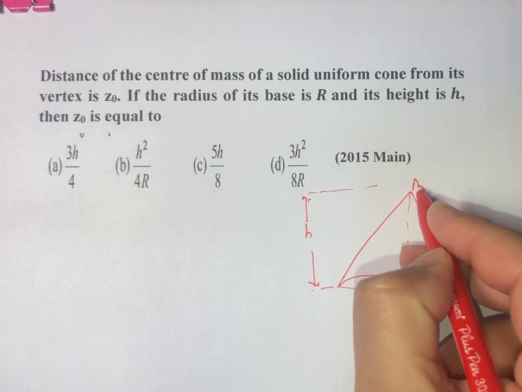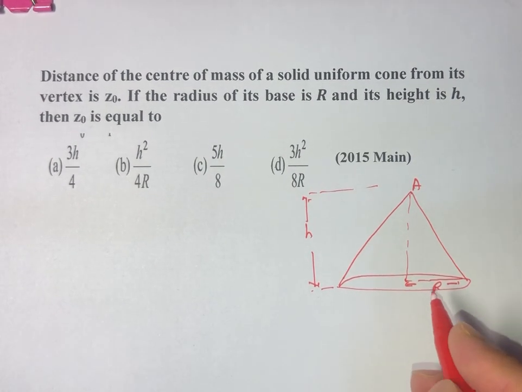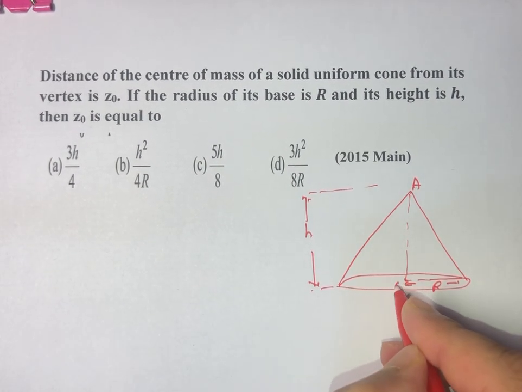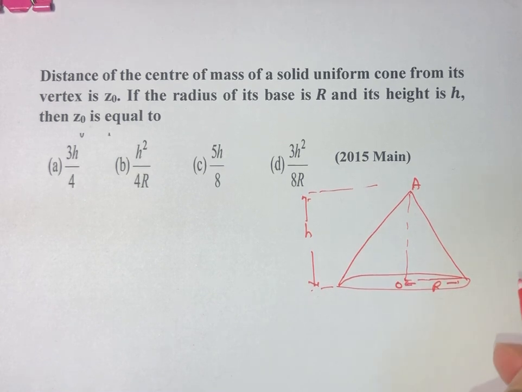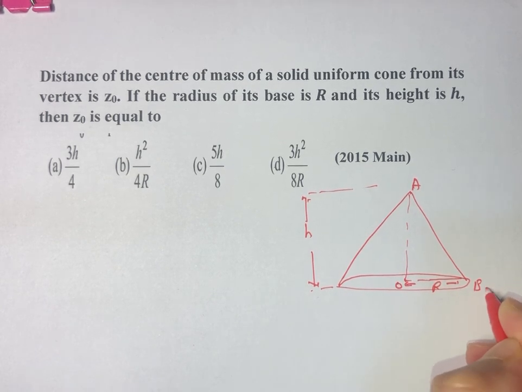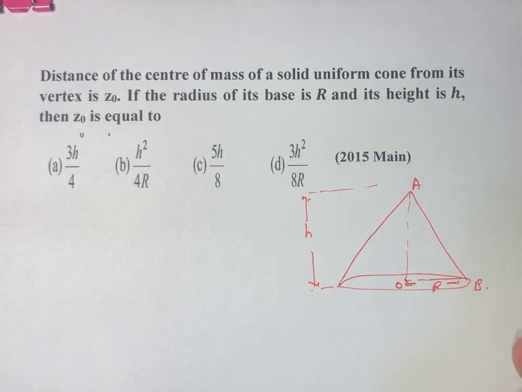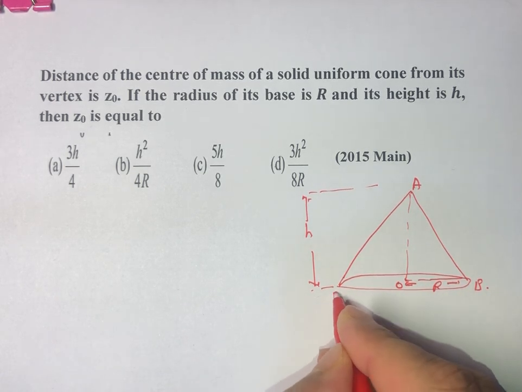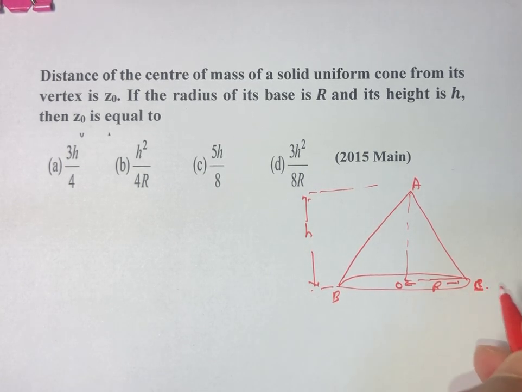Let us consider this is A, and this we have O, and this is B. Let this be B and this is C.